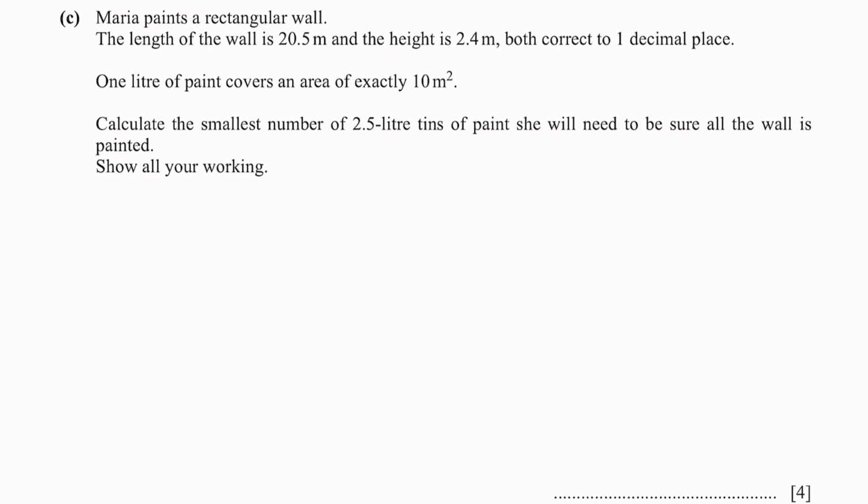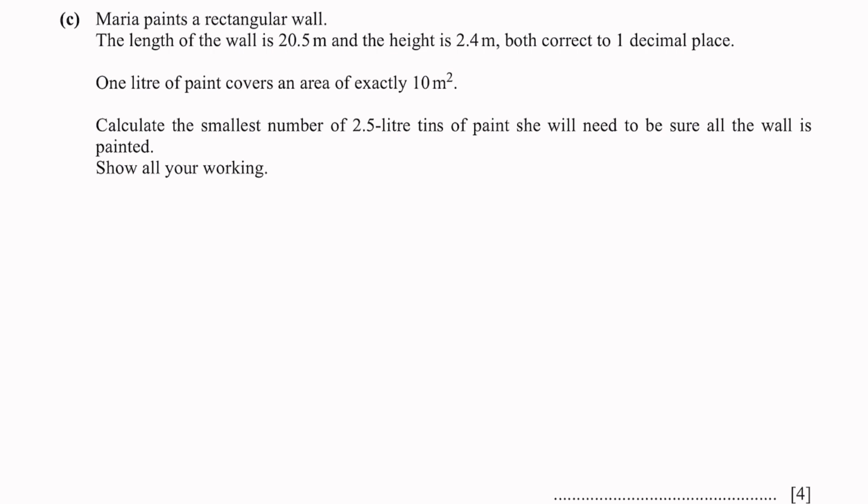Show all your working. To begin with, you have to find the upper bound of the area, which is the upper bound of 20.5 multiplied by 2.4, both correct to one decimal place. Because both are correct to one decimal place, 0.1 divided by 2 gives 0.05, and they want the upper bound of both of the lengths.